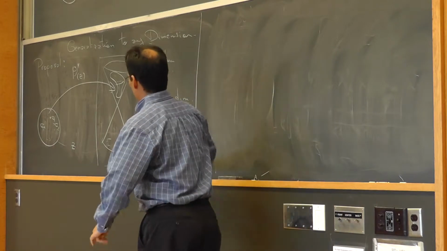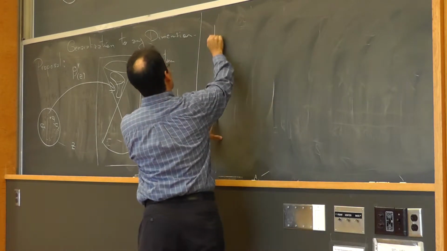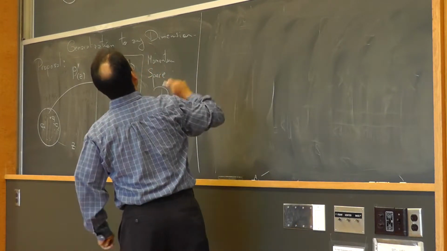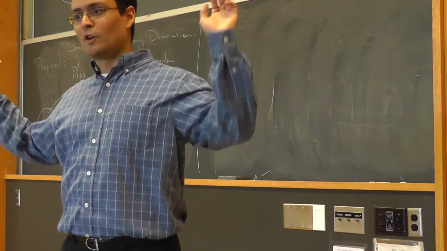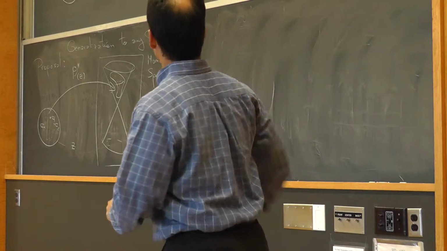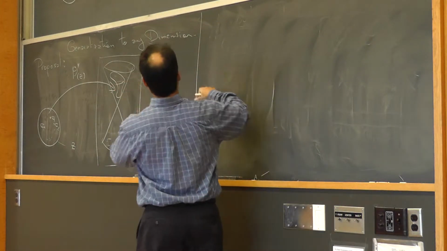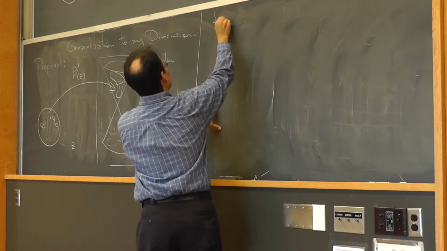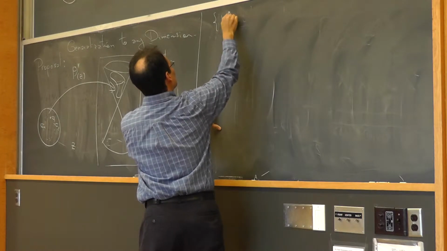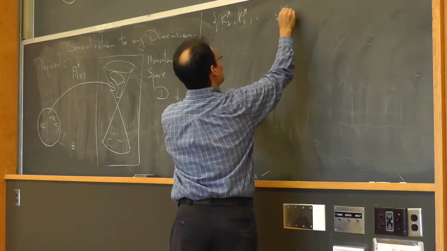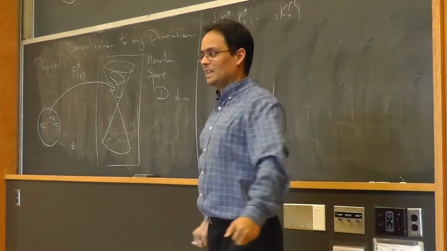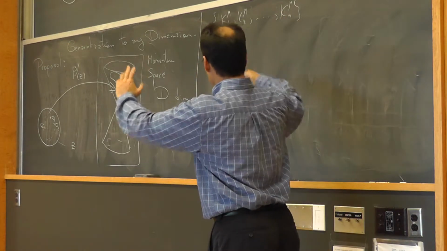So a natural thing to do would be to identify the momenta of the external particles. Since we're going to go to any number of dimensions, and that was in 4 dimensions, to make the distinction I'm going to call the external momenta k. So we have a set of n momenta in d dimensions.